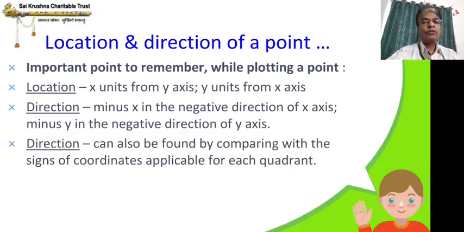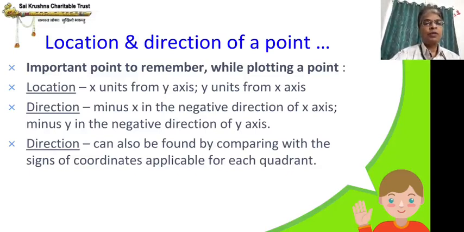The direction can also be found by comparing with the signs of coordinates applicable for each quadrant. So what you can do is follow that direction, negative direction of the x-axis, negative direction of the y-axis, and then cross check. You all remember the quadrants we saw in the previous part, or in the part even before that, where we saw each quadrant starting from OX, 1, 2, 3, 4, and in each quadrant what is the sign of each coordinate.